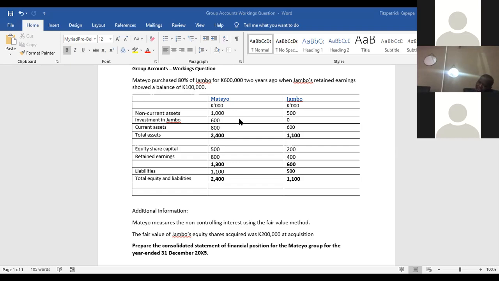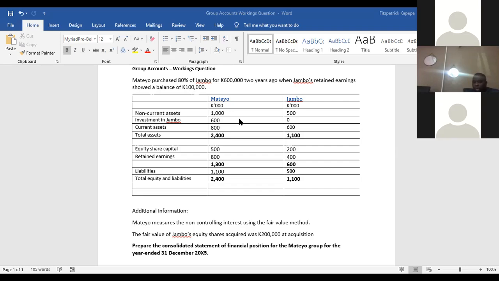NCI, we take the fair value. The fair value has been given as how much? 200, isn't it? The fair value, yes. Jumbo's equity acquisition at fair value was 200. Fair value consideration, okay.